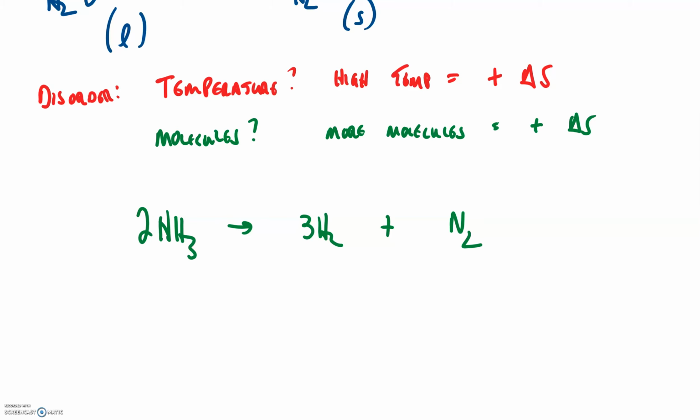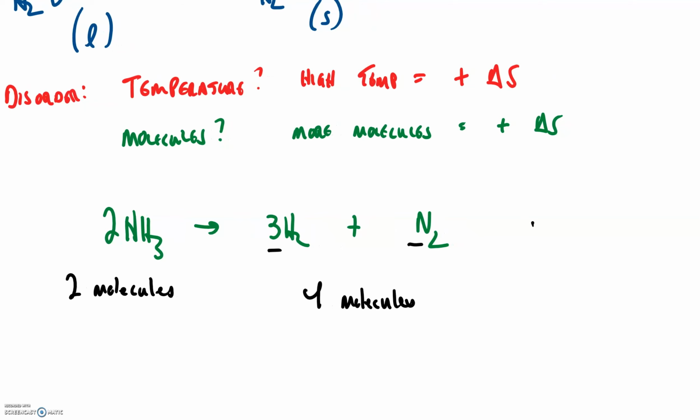On this side of the reaction, there are 2 molecules. But on this side of the reaction, there are 4 molecules. This would result in a positive delta S because we are increasing disorder.